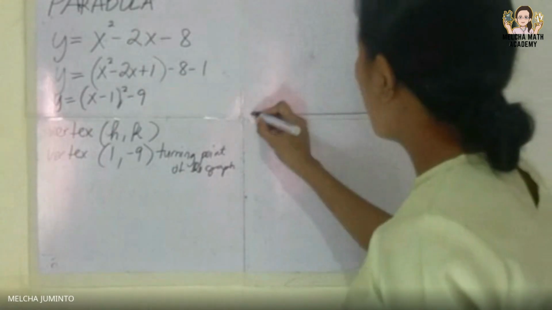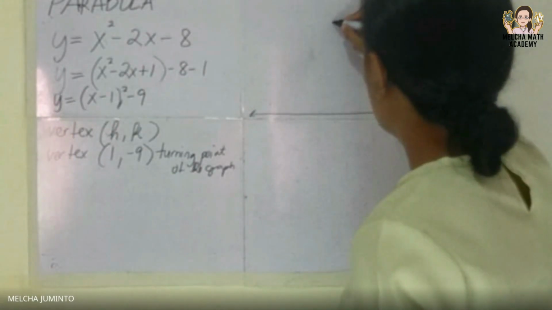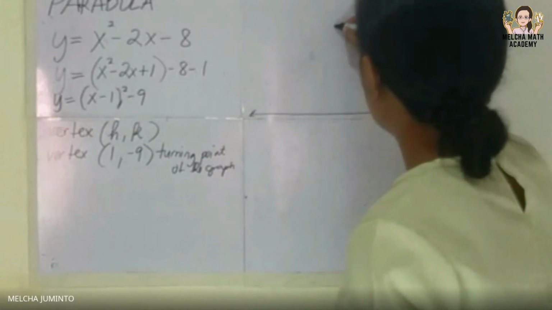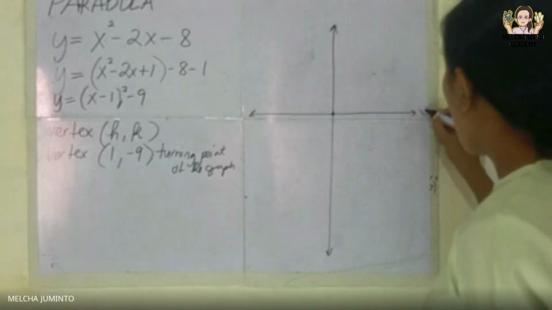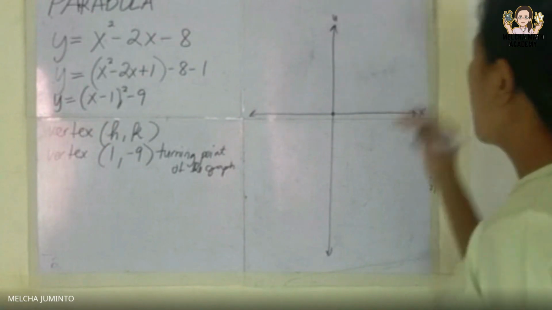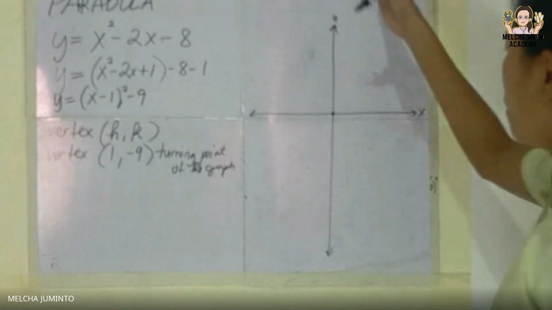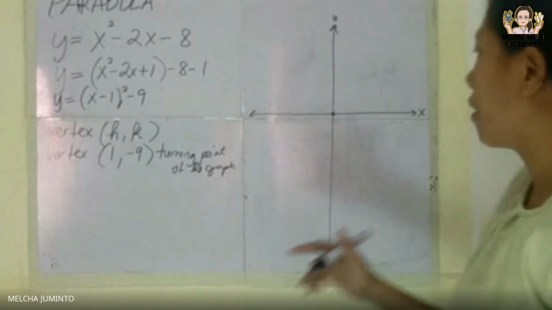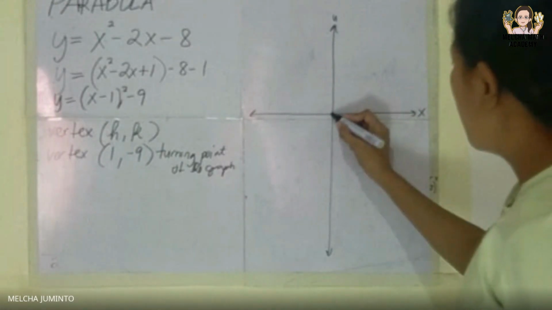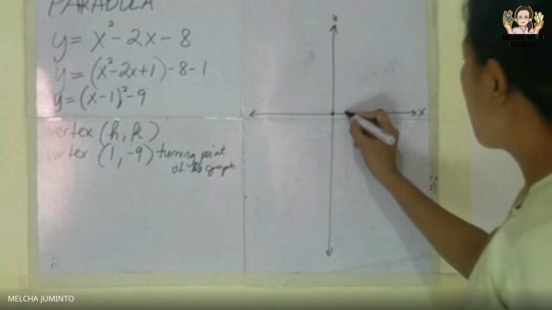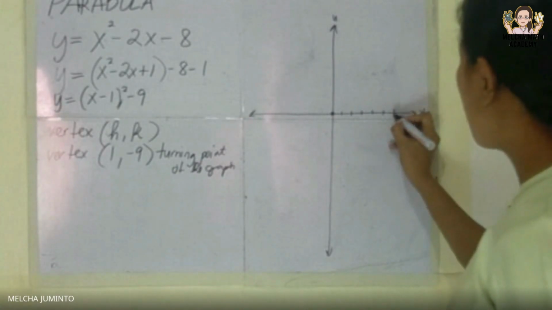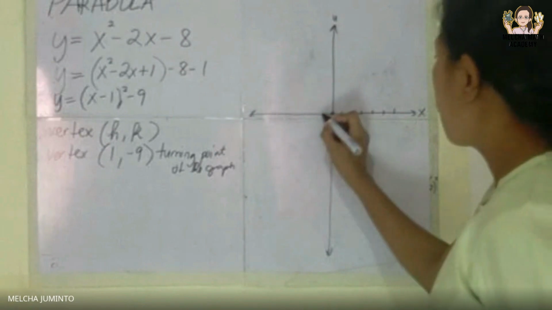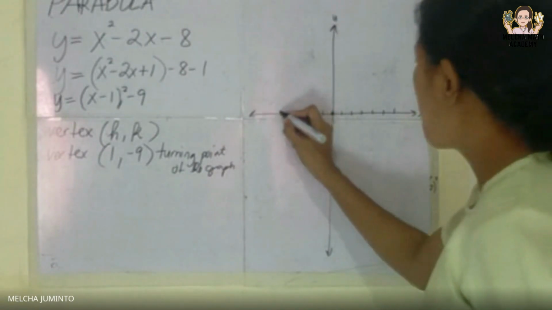I will now graph the function. This is the x-axis and the y-axis. The x-axis is the horizontal line, the y-axis is the vertical line, and the origin is (0, 0). From the origin to the right are positive numbers, to the left negative numbers.